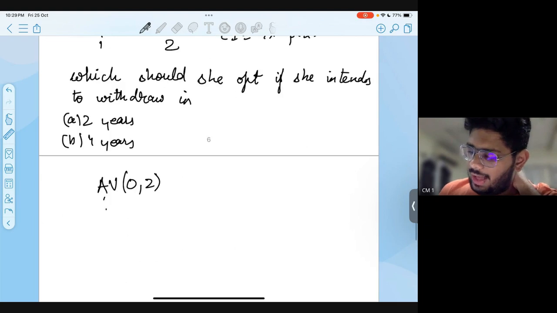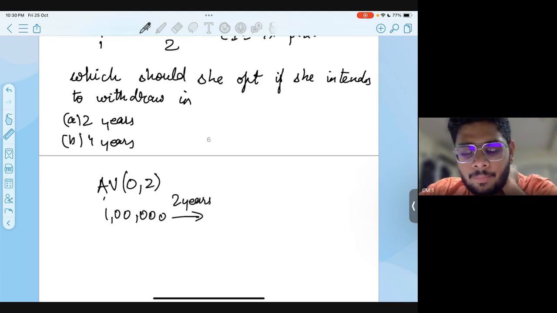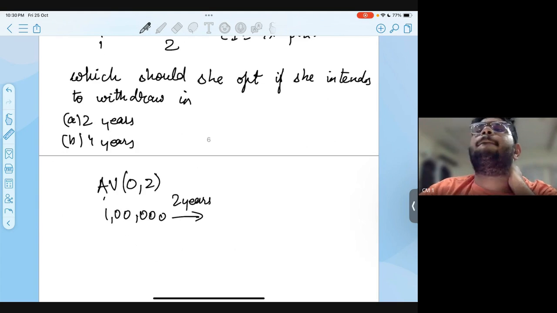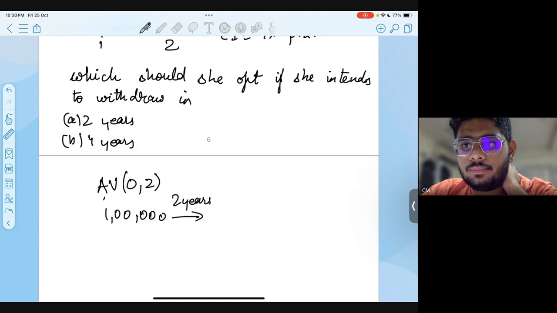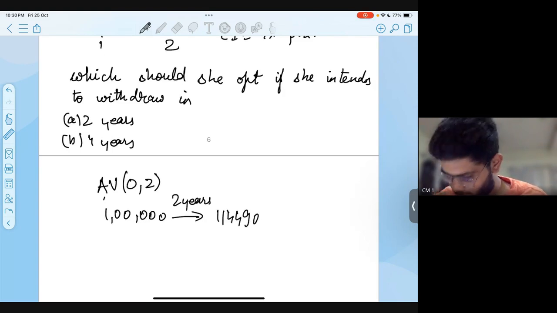So what is the accumulated value of 1 lakh? 1 lakh into 1.07 whole power 2. Yes, 114,490.